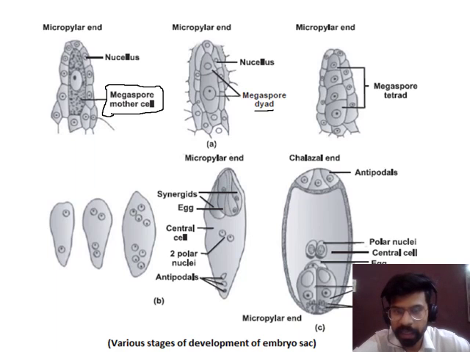Then it again divides to form the megaspore tetrad, in the box, yes, this one. So the megaspore mother cell divides to form a two-cell stage, and then again divides to form a megaspore tetrad. Out of the four, one is functional.